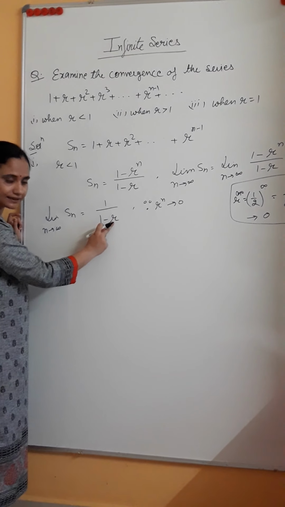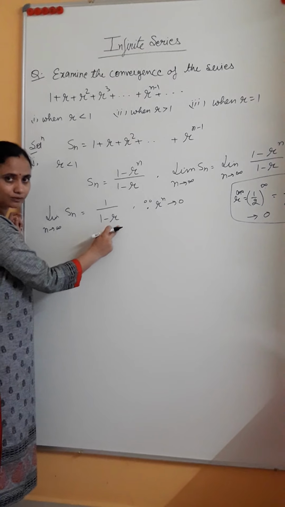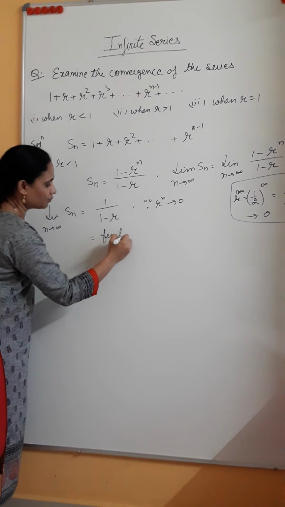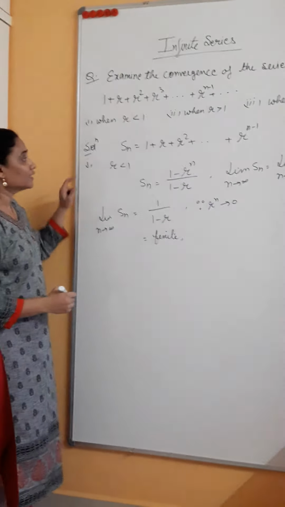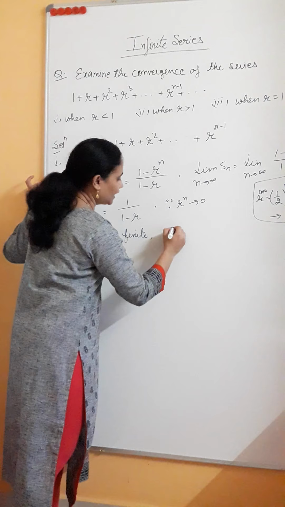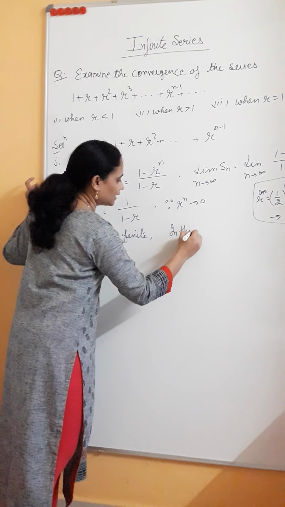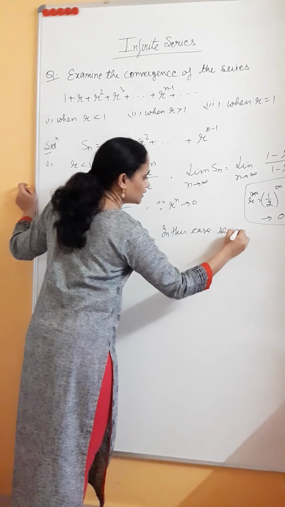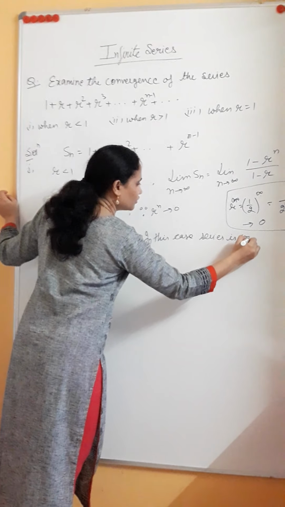Since r is less than 1, this denominator is positive. That means this is some finite value. That means the series is convergent when r is less than 1. So we can say in this case the series is convergent.